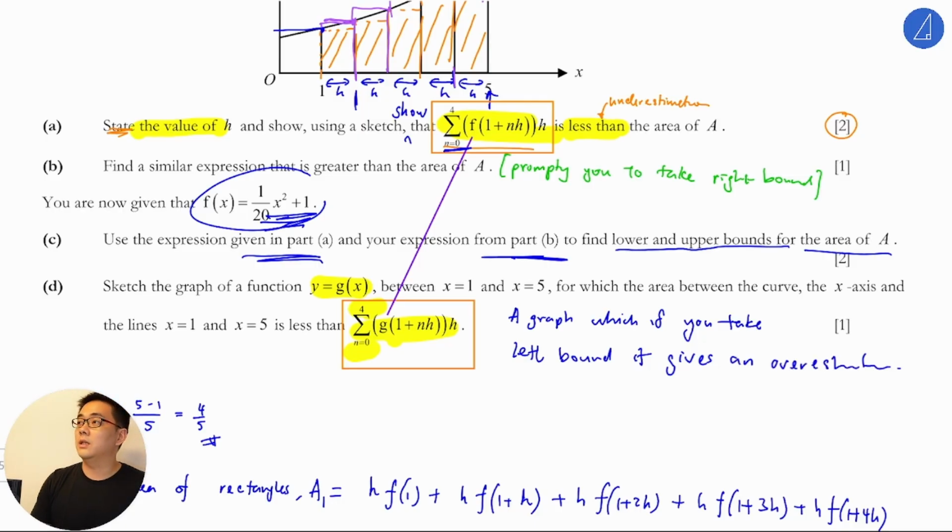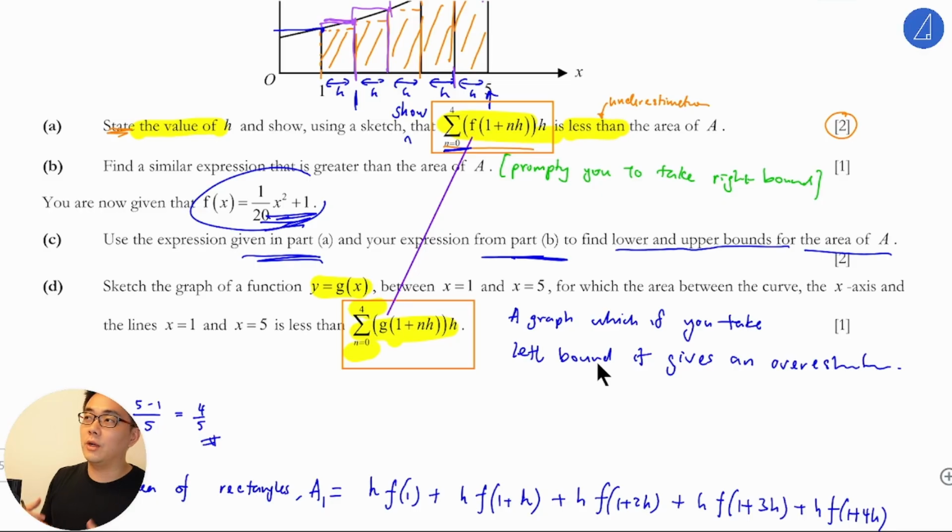Understand? They say so much, right? They cannot phrase this in a very colloquial way. They cannot say it in a Singlish way. Actually they can if they want to. But what essentially they are saying is, give me a graph which, if you take the left bound, gives you overestimation. That's what they're trying to say.